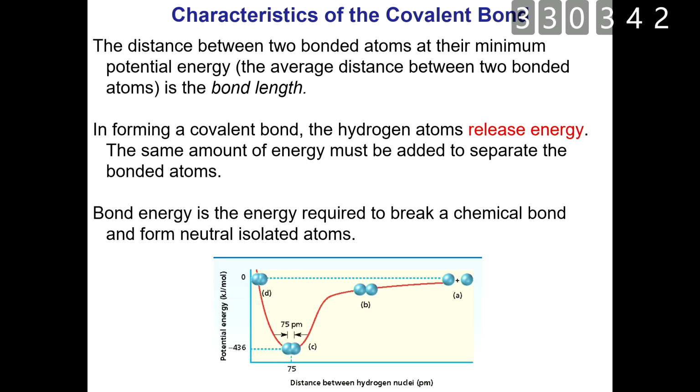If we provide more energy, it can change from C to A. So when we provide energy, the bond can be broken, and it changes to A. So this energy we call the bond energy.